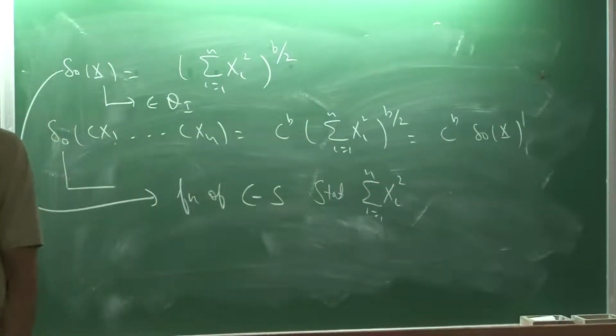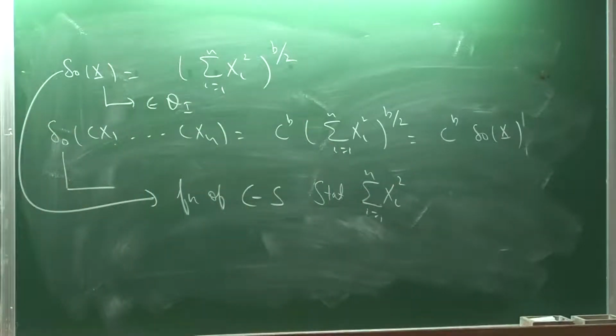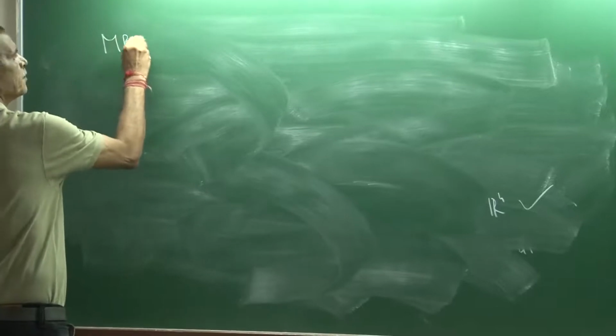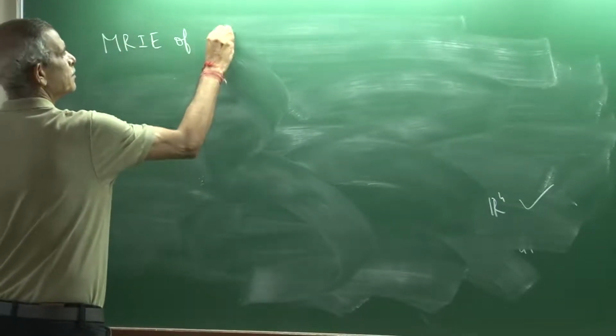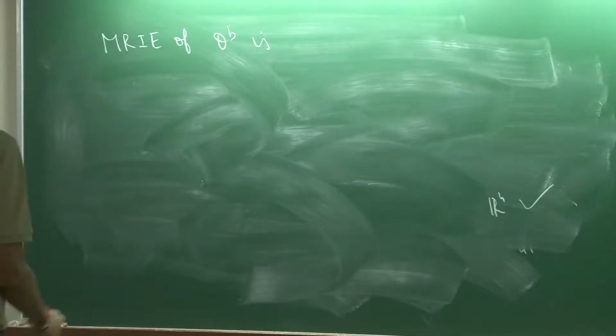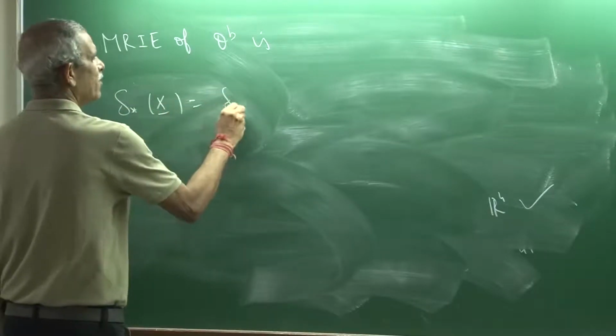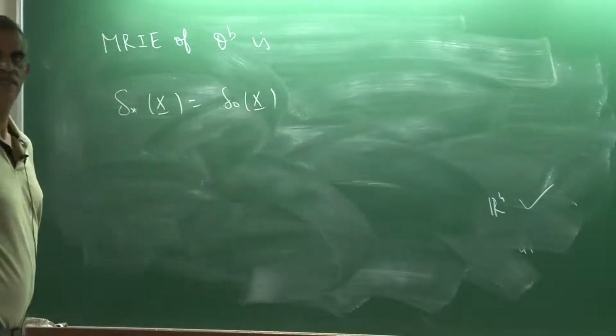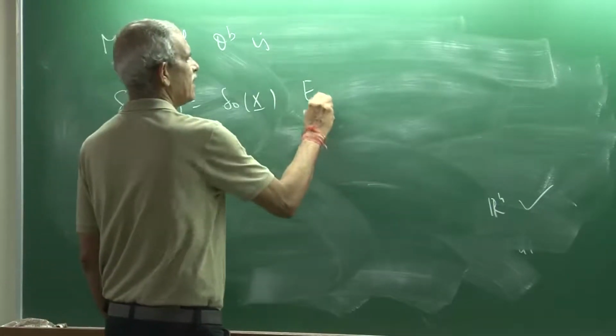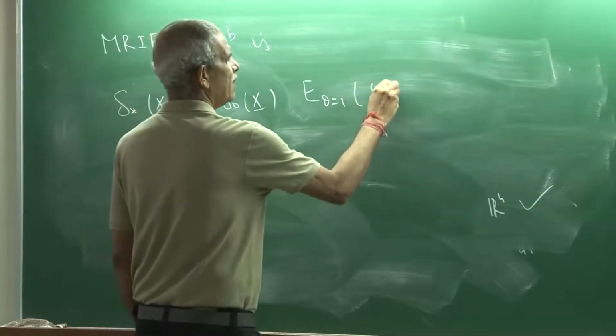And in this case, because we know that Z is ancillary, I know what the MRIE is. By the result which we did, the MRIE of theta to the power b is delta star of x, which is delta naught of x divided by expected value under theta equal to 1 of delta naught of x.